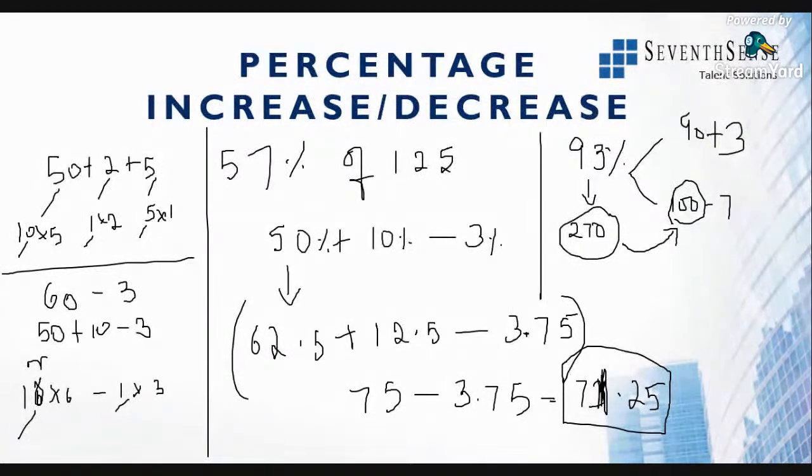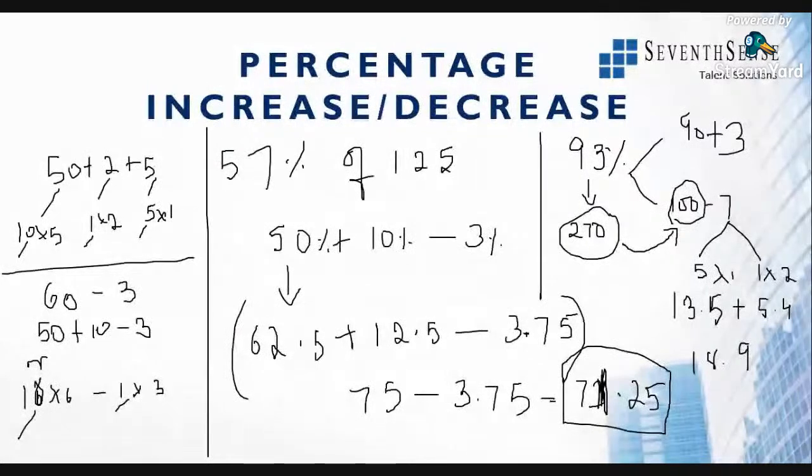So 7 can be split up as 5% and 1% two times. Do it in mind, right? 5% is what? 10% is 27. 5% is 27 by 2, right? So 27 by 2 is 13.5. So it is 13.5 plus 1% is 2.7, 2% is 5.4. So this becomes 18.9. So 270 minus 18.9.